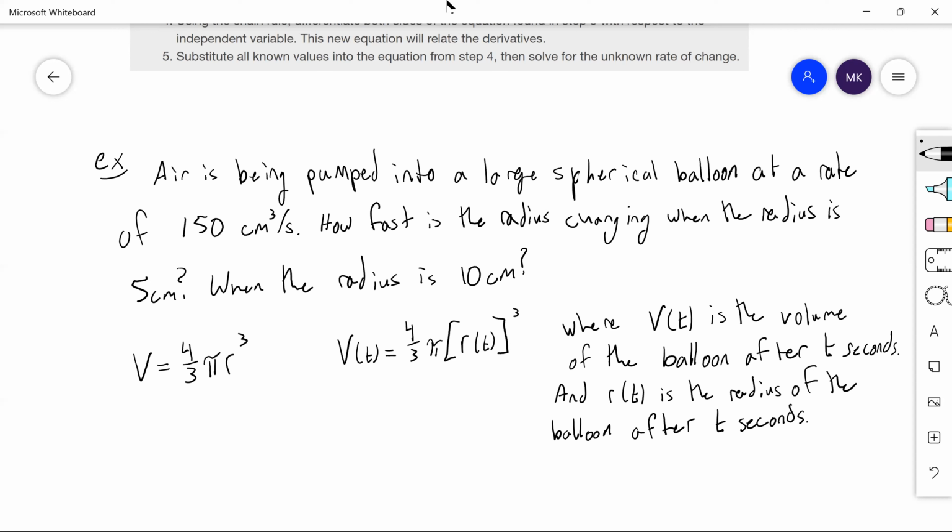So hopefully those two things aren't crazy shocking for you, right? That's just converting this volume formula, which is just the volume of the sphere, into this kind of formula for the volume based on a specific time.